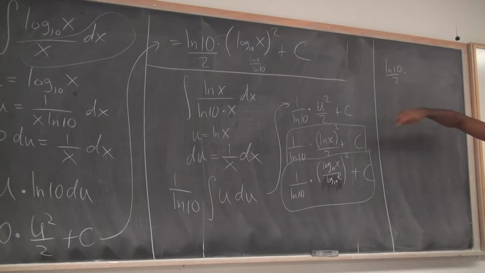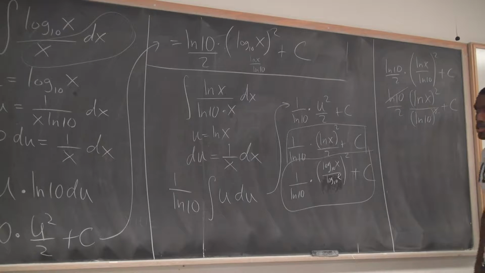If I change the inside of mine, it'll be ln x over ln 10, which would give me ln x squared over ln 10 squared. This would cancel one of those, and you can move it on. It's the same thing.